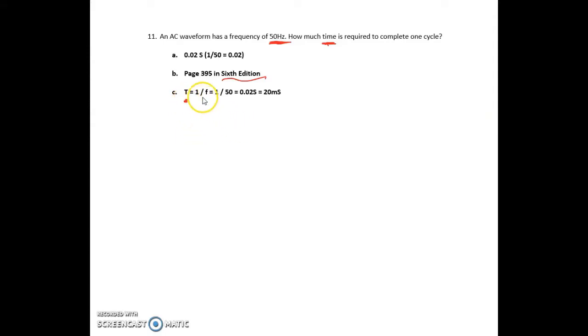It's time equals 1 divided by F. The T is for time, and the F is for frequency. If we plug in the numbers, time equals 1 divided by 50, which is 0.02 seconds. This is our answer, or you can change it to the metric equivalent, 20 milliseconds. I will cover these metric prefixes in a different video.